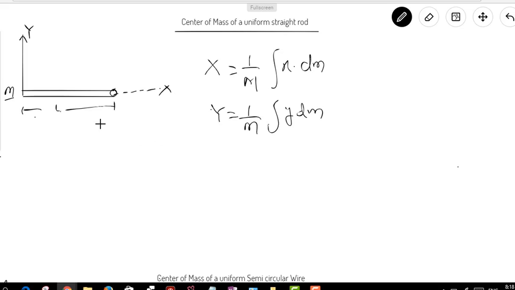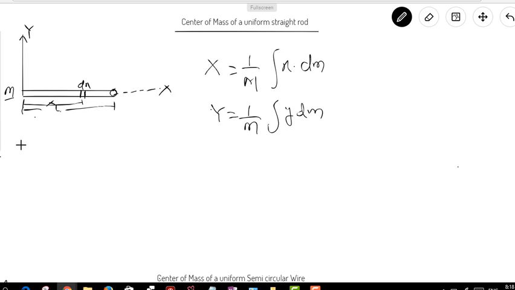So to find the center of mass, we first have to select the differential element. Let's take this as a differential element of length dx, which is at a distance x. So what is the mass of this dx?